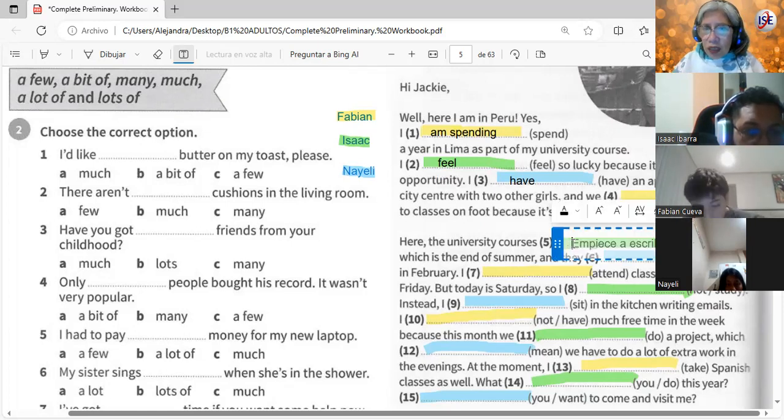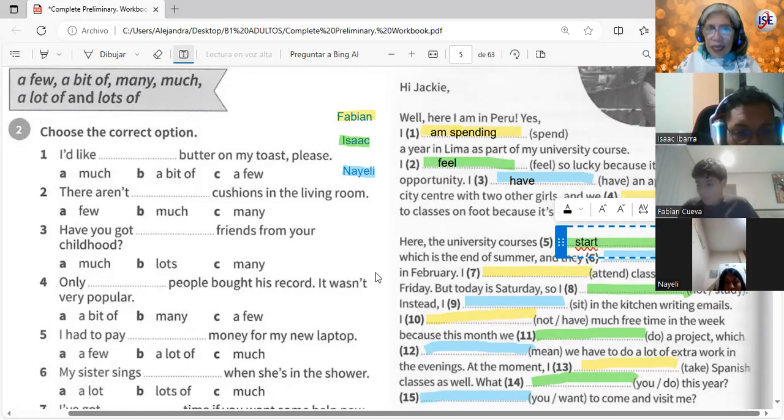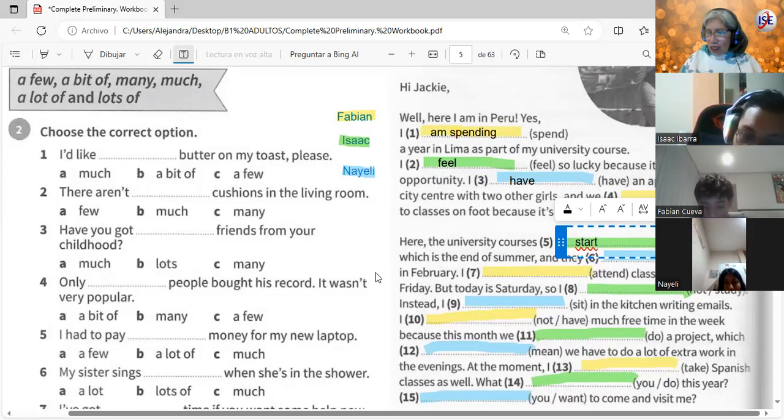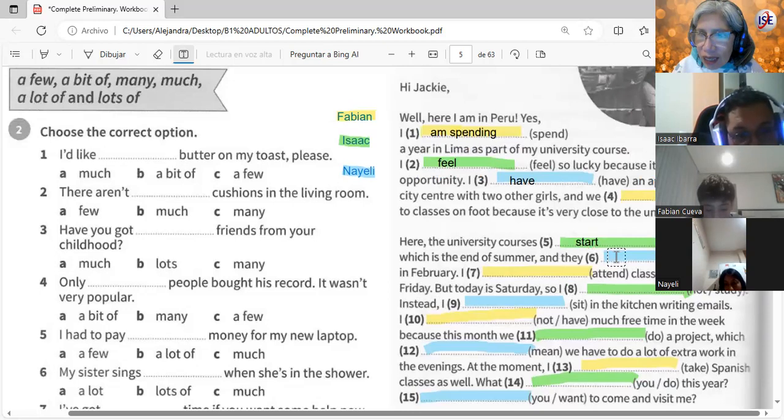So courses start in April, which is the end of the summer. And Nayeli, they always finish at the same time. And they finish. It's not end, it's finish. The verb to use is finish, okay? And they finish in February.